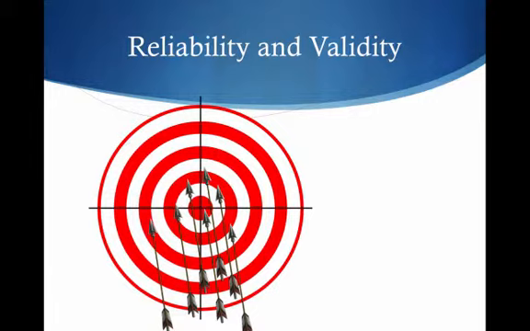So this points out for us the fact that without reliability, you cannot have validity. It's impossible. No reliability, no validity. Can't happen. Because if you're not hitting the same target every time, you can't really say you hit the target, right? You're not consistently hitting the target, you're not hitting the target. That's how that works.